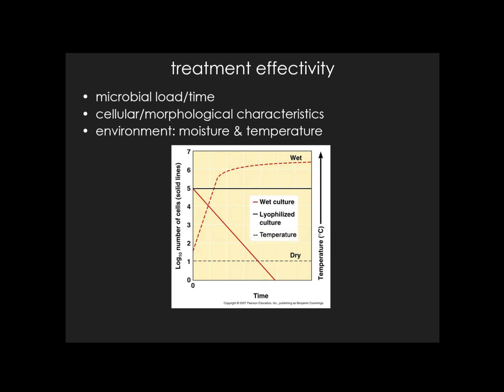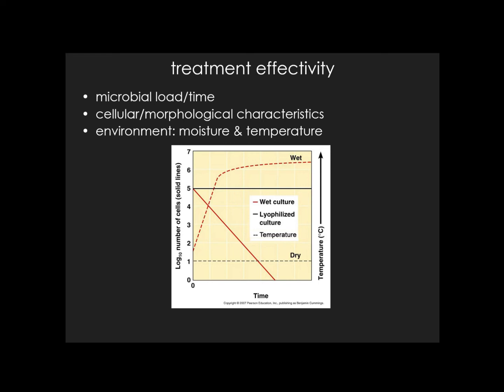Switching back to an environmental concern, we have moisture, and moist environments tend to increase treatment effectivity, while dry environments tend to decrease treatment effectivity. As you can see from the graph here on your slide, we have two cultures.